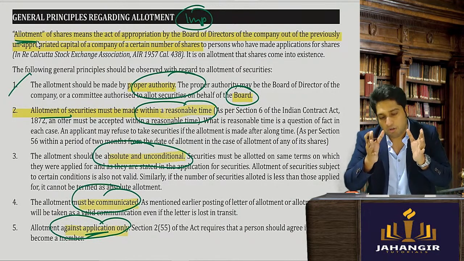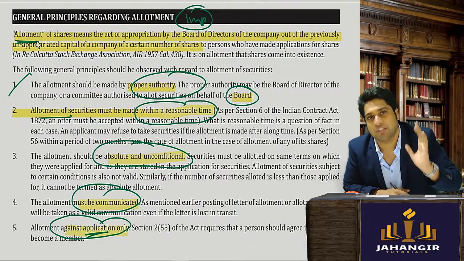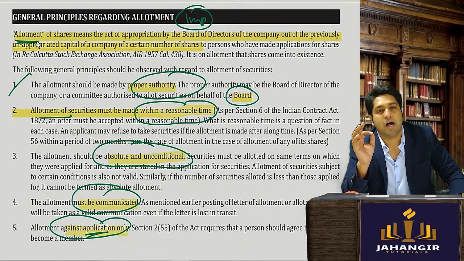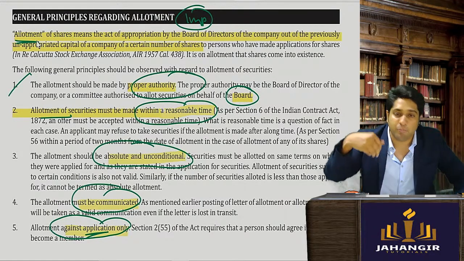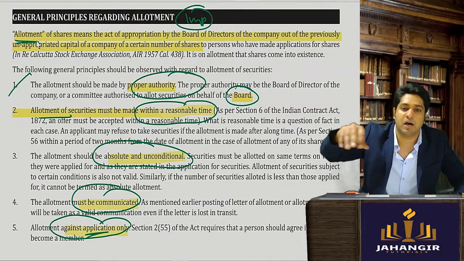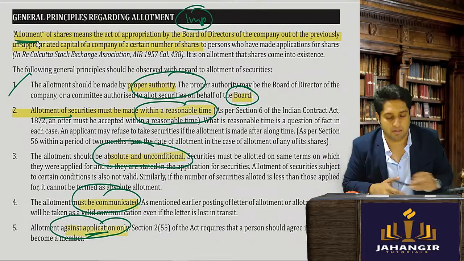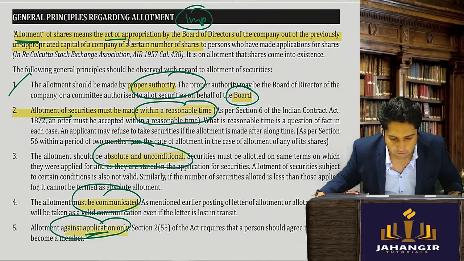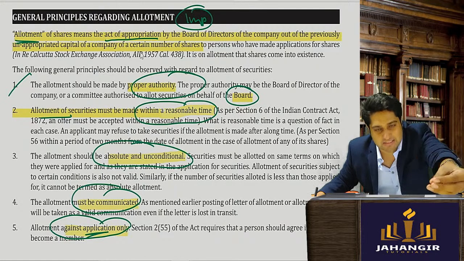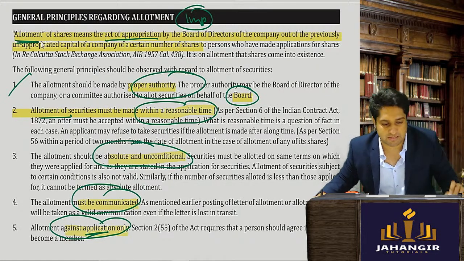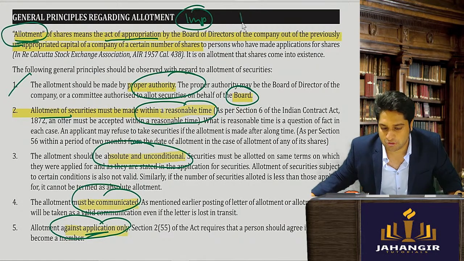From the left out portion they are going to give the shares. So allotment means appropriation from the unappropriated capital. It's an act of giving the shares, giving for the first time. If the company had a right to issue 100 shares and has just issued 90 shares, it has to issue 10 more.